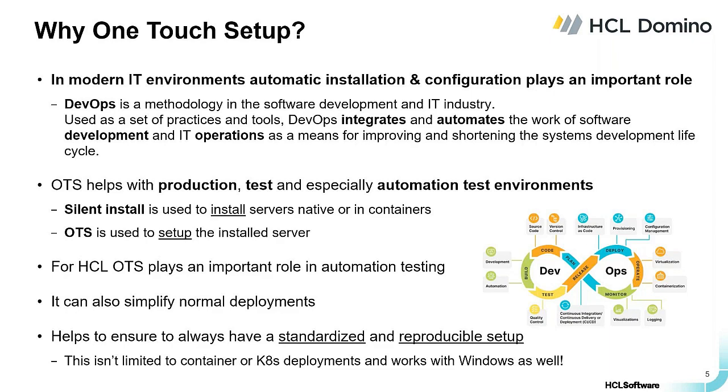One-touch setup plays a major role in this space because it helps you to bring up server environments. After you installed a server with silent install, you have to bring it up in an automated way. And one-touch setup helps you to do that very efficiently, in the same way always, with a standardized and reproducible setup.